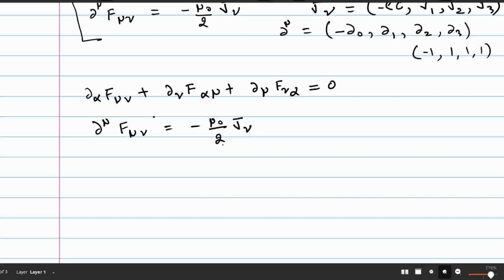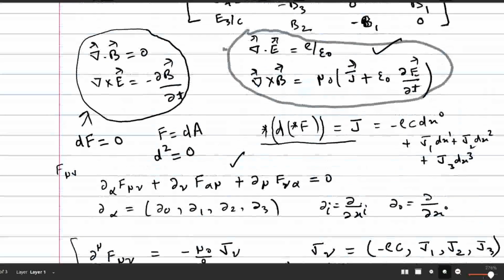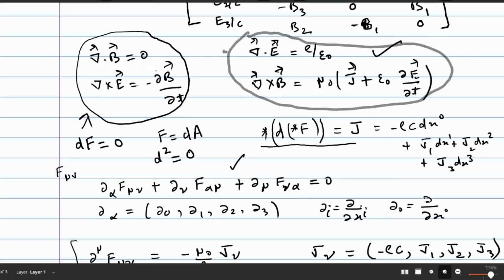These are the two equations, and they are equivalent to the 4 Maxwell's equations, which in vector form can be written like this. The first equation is equivalent to these two equations, and the second equation is equivalent to these two equations here.